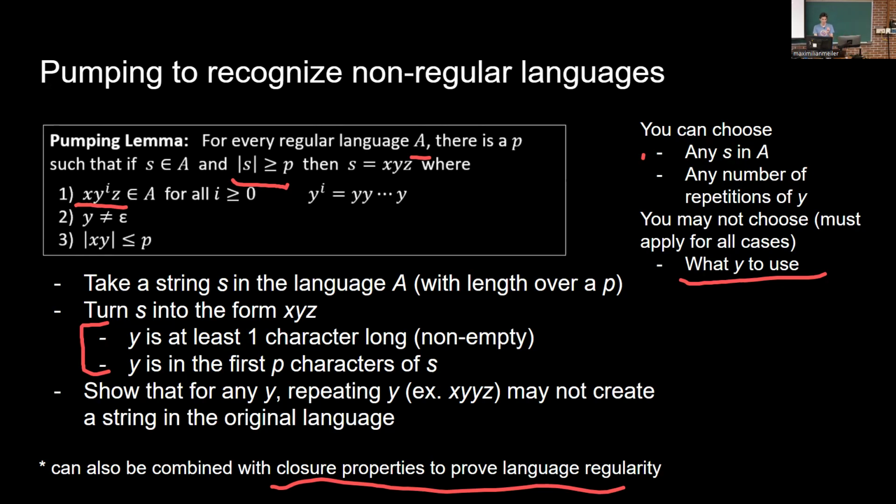So if you have a Y that works, that effectively means that the machine can have the X and then pump the Y as many times as it wants, and that will always be accepted, and then have the Z, and that whole thing will be accepted by the machine properly.